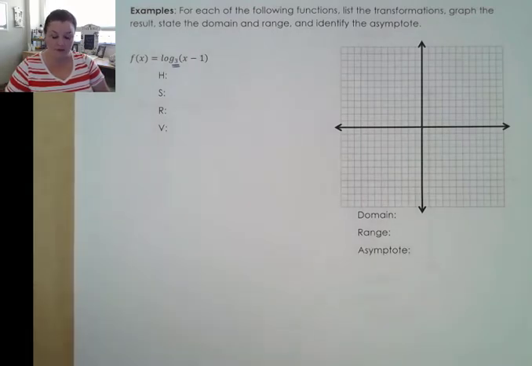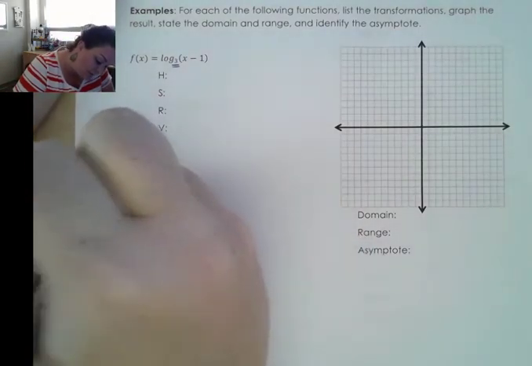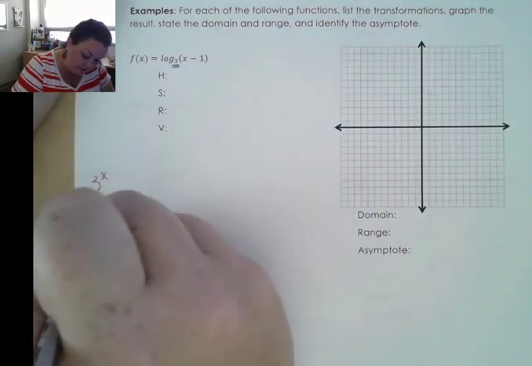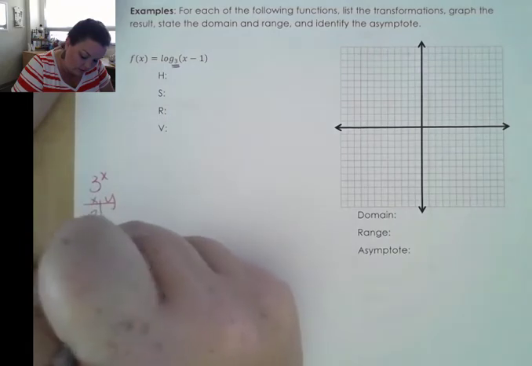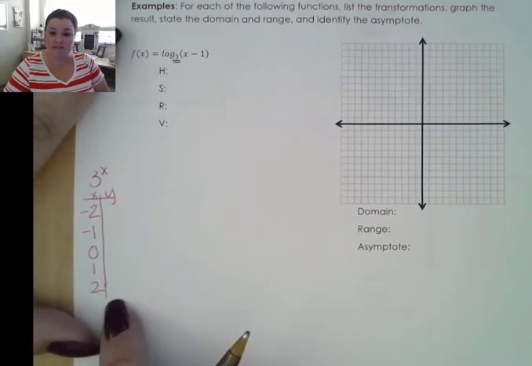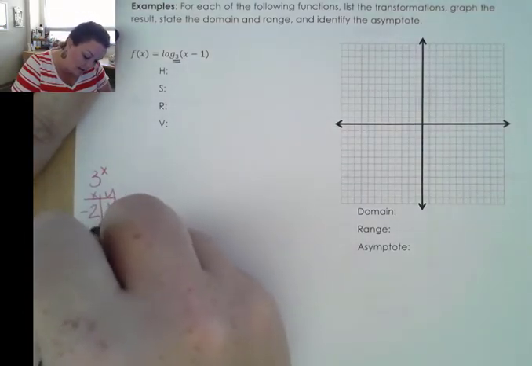So that means I want to start by identifying the exponential base 3 to the x, okay? I'm still going to plug in -2, -1, 0, 1, and 2 so that I get a good shape for this exponential, okay?